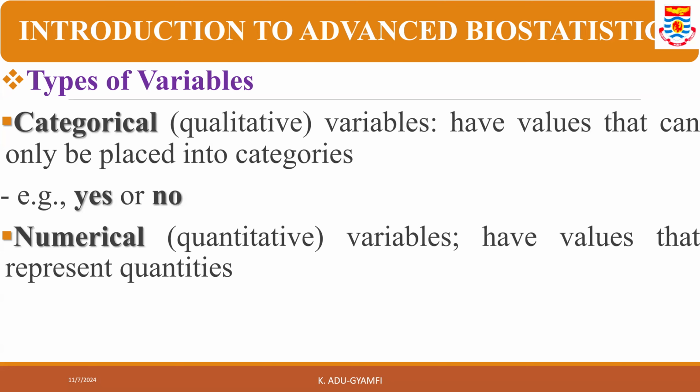Then we have the one that uses two variables to put people into separate groups. That is the dichotomous variables. For example, putting people into yes or no, A or B. For example, when you go to the primary school, we have class 1A or class 1B.